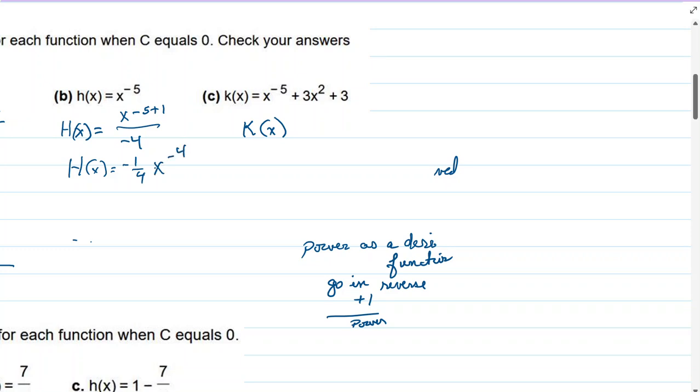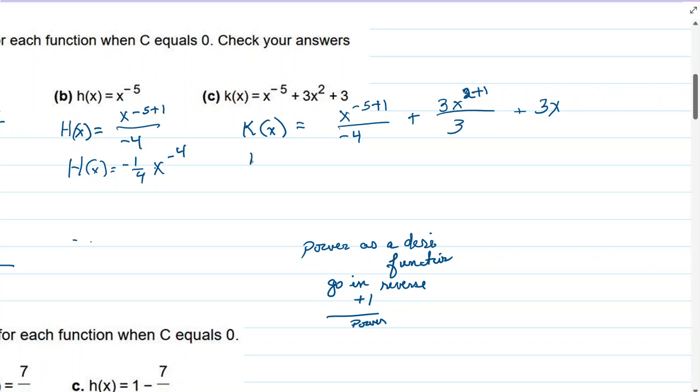So in this case, I'm going to have my x to the negative 5 add 1 and divide by it, plus the 3x to the 2 plus 1 and divide by it, and 3x, divided by 1.